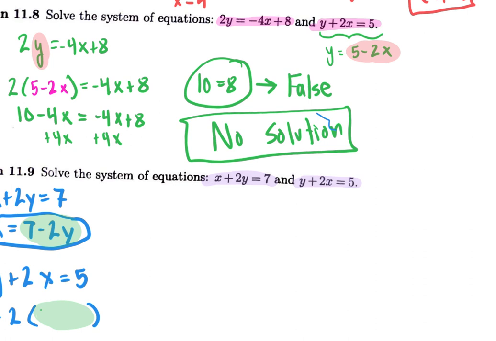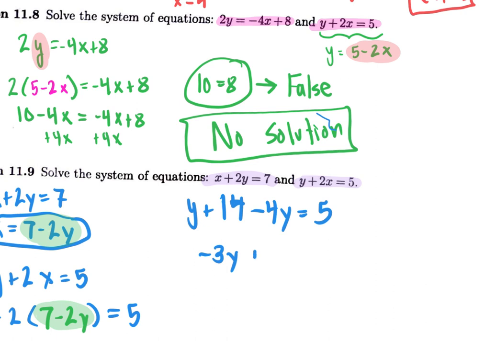So that is 7 minus 2y, and that all equals 5. So if we solve this equation, now y is my only variable. Like that, we get negative 3y plus 14 equals 5.